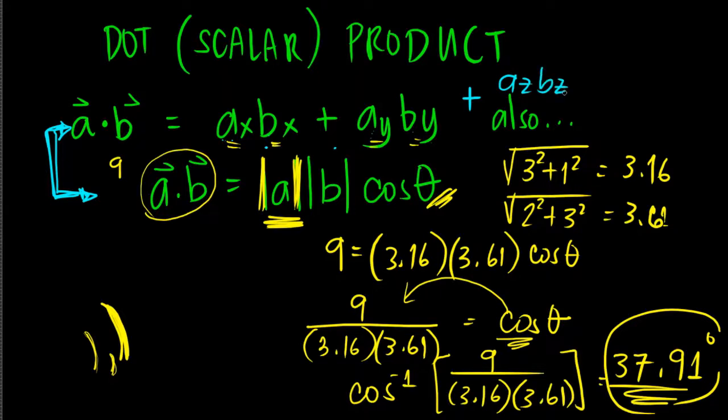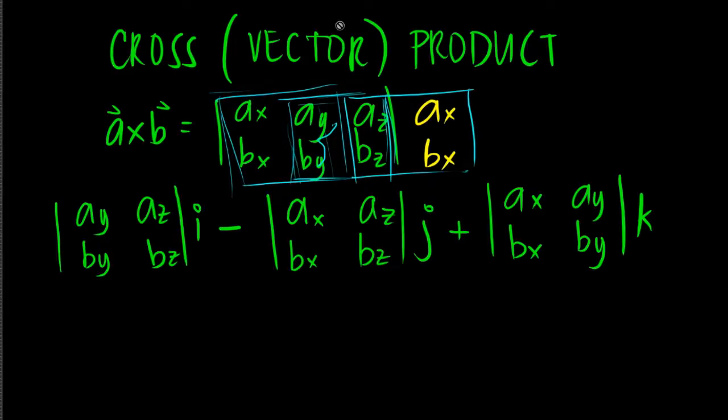As for your vector product or cross product, you have to be careful with your matrix. Later on in our class, I will show you how to use the calculator for matrices. I think with the ES Plus, you can go up to 3x3 matrices. But in our class, it's only two vectors, so it's a 2x3 matrix.